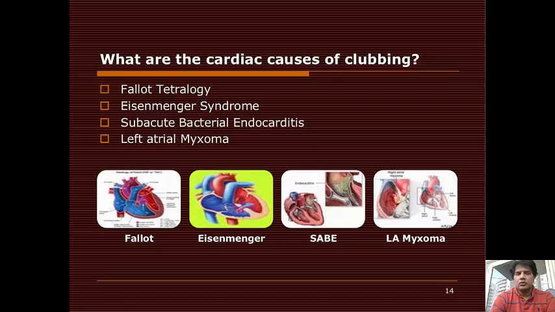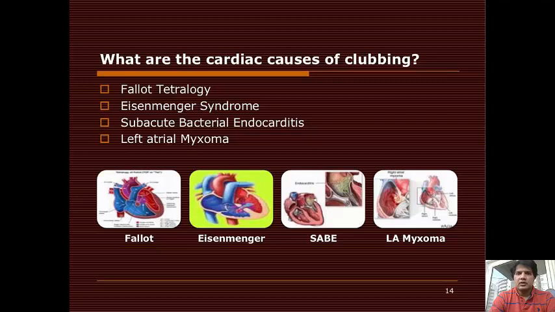Now in Fallot's, you will have ventricular septal defect and pulmonary stenosis. So the blood is not going to the lungs properly through the pulmonary artery, but indirectly it is going to the left ventricle without being oxygenated. So this is Fallot's tetralogy.